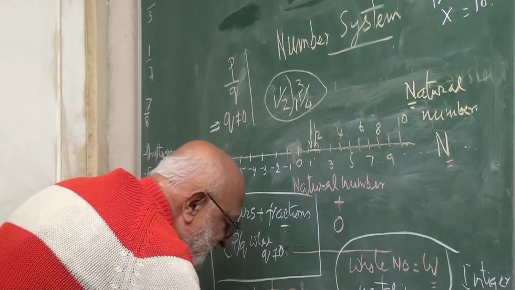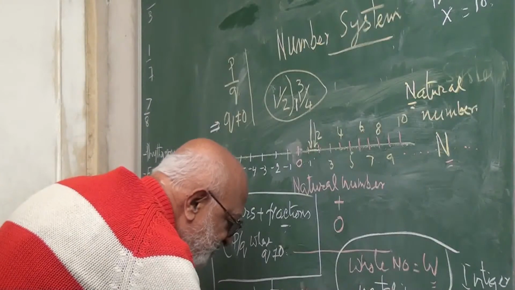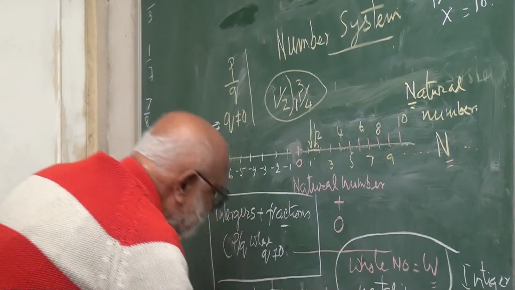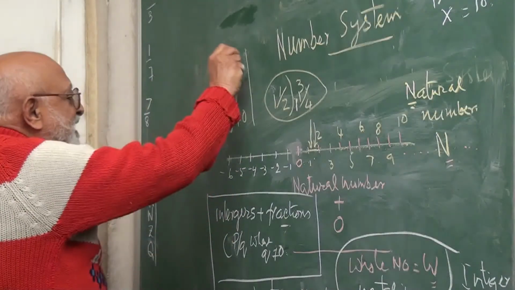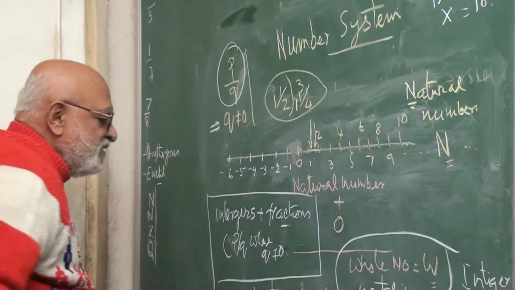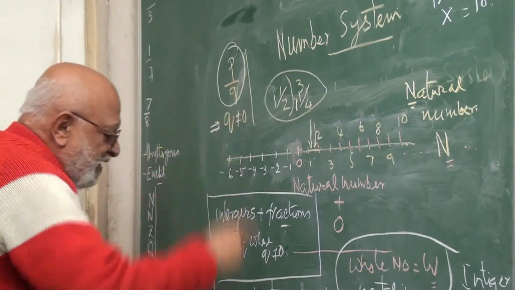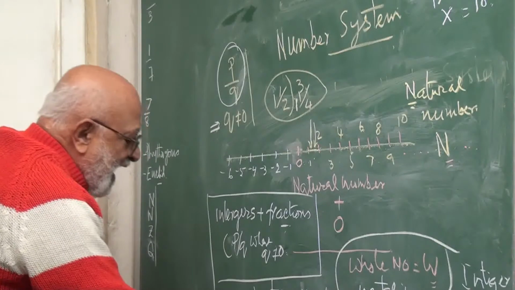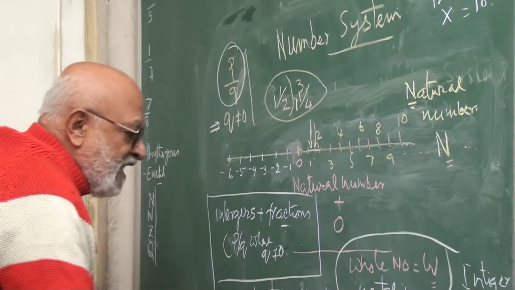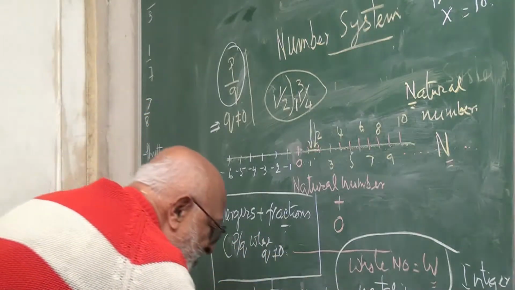Why is it called rational numbers? Because it comes from the ratio, as if you are taking a ratio between these two. So from ratio you have rational numbers, indicated by Q.